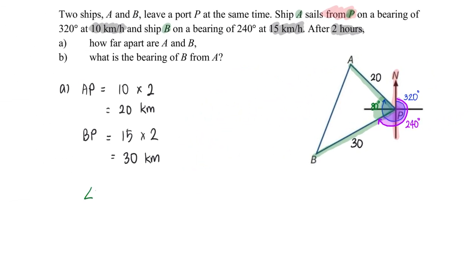Angle APB is equal to 320 degrees minus 240. And because we know this, with the distances of 30 and 20 and this 80 degrees, we could then find AB fairly straightforwardly by applying the cosine rule.